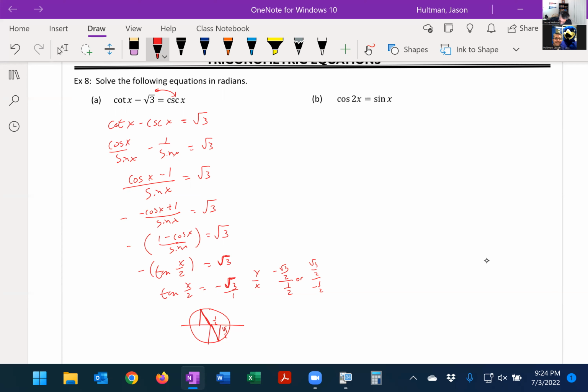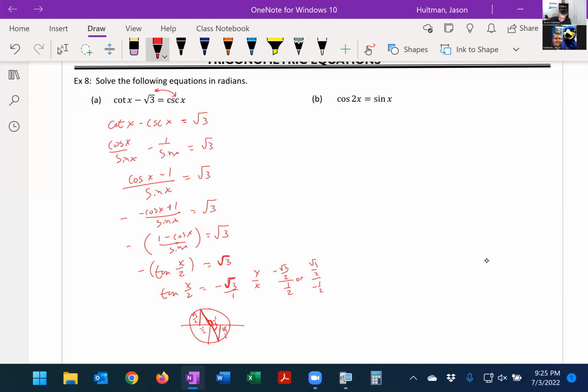And this is going to be at negative 1/2 and positive radical 3 over 2. So the tangent of some angle, which we call x over 2, is going to be equal to negative radical 3 if it is this angle here or this angle here.